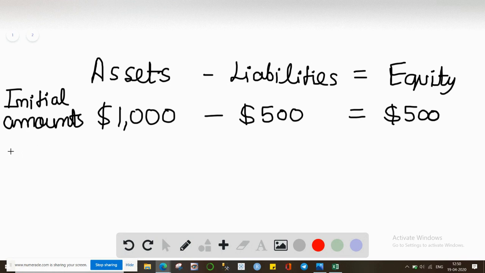Let's say we have a cash sale of $500. If I sell the video game and receive cash against it, my asset side will also increase, because assets include the cash available with the business entity.